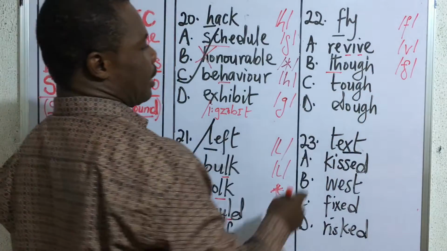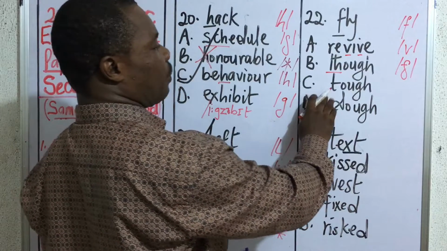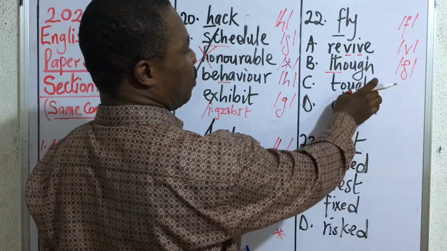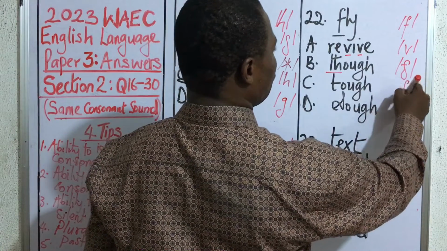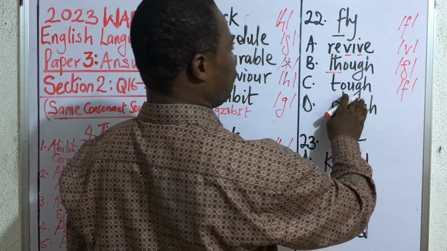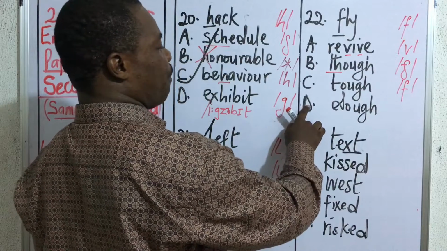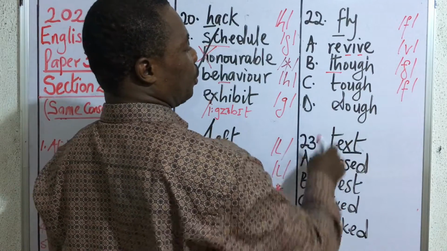Okay? And for this word, you have tough. For this GH here, you are going to pronounce F. That is tough. Then for option D, you have dough.